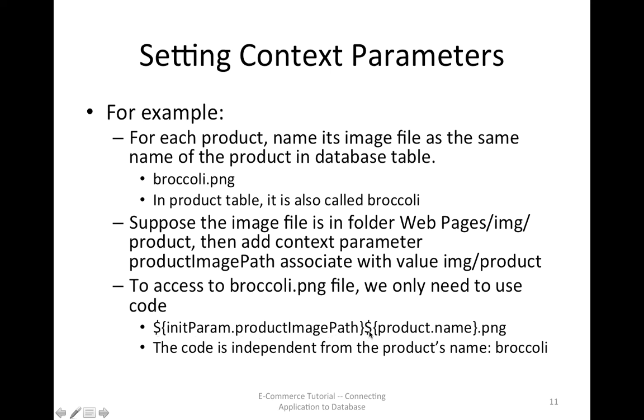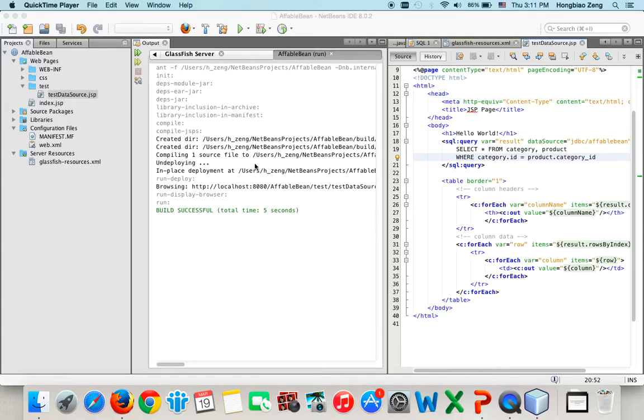If you pay attention, this code is independent from the product's name, broccoli. This is good because in different situations, we need to display different product images, so of course we need code that is independent from the product's name.